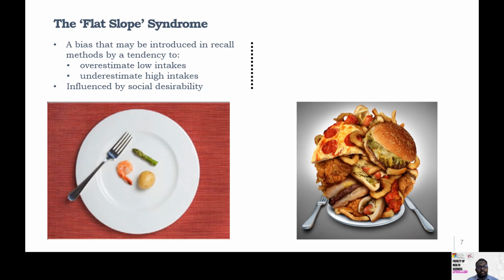Sometimes a person who is underweight reports that they took a lot of food in a day, but in fact, they only took a small portion of the foods. Meanwhile, a person who is overweight underestimates their high intakes. They think that they are consuming a very small portion. In fact, they have taken a lot compared to what they reported.